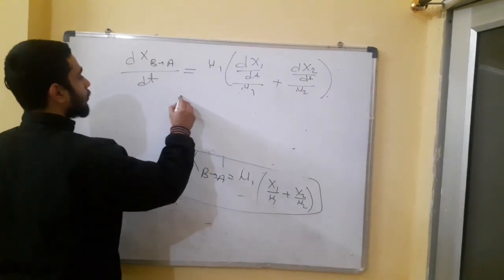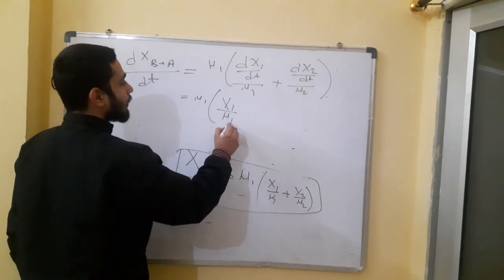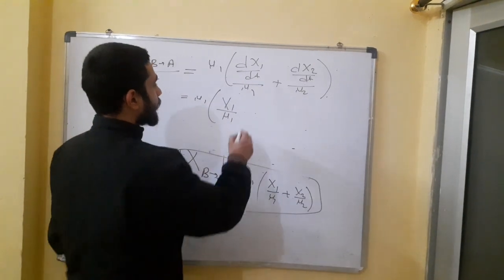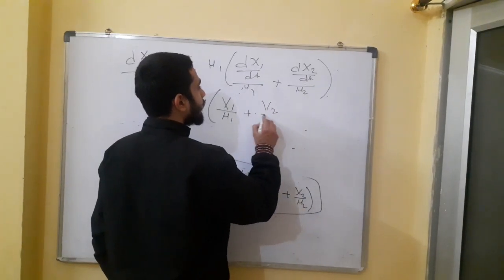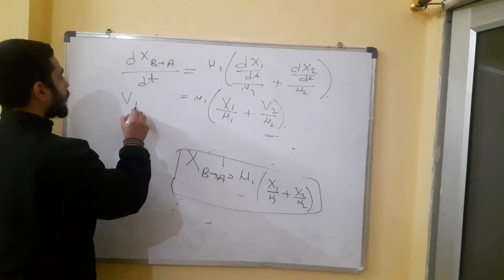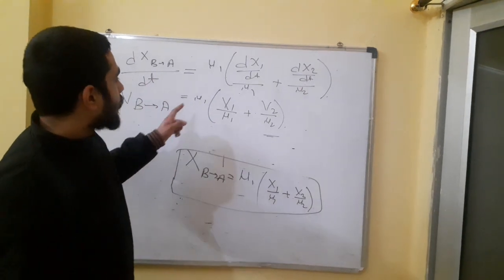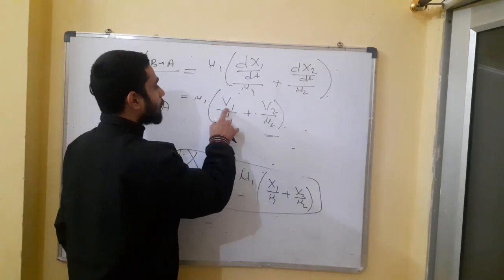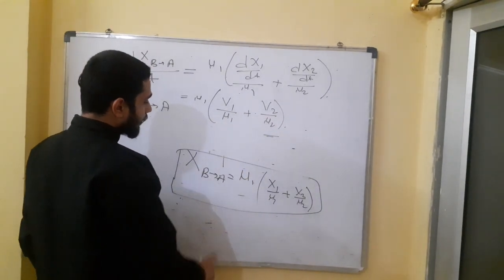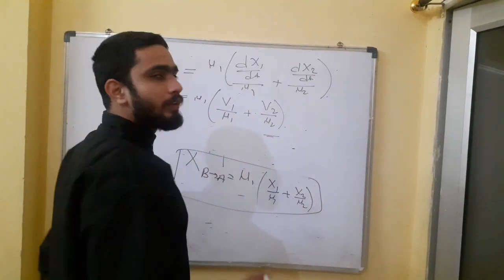Here dx1 by dt is v1, the velocity of the first object, and dx2 by dt is v2 by mu2. So the velocity of B with respect to A will be mu1 into v1 by mu1 plus v2 by mu2. This is the apparent velocity of B with respect to A.